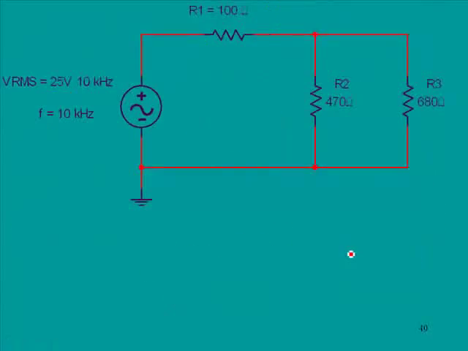Okay, given the same circuit, let's do the average power, and again, I'm not going to do all of them. First of all, let's talk about what the average is. Remember from a previous discussion, the average value is going to be 0.637 times the peak. In this case, this is the circuit we initially started with, 25 volts.